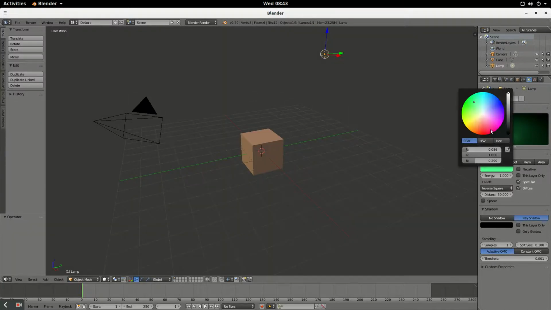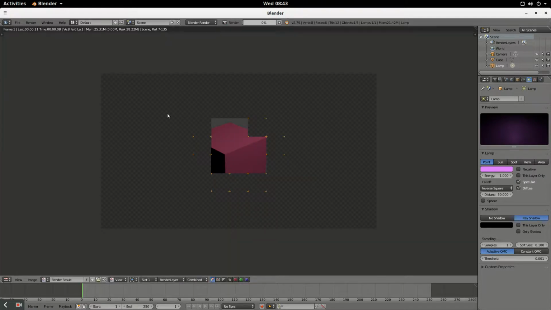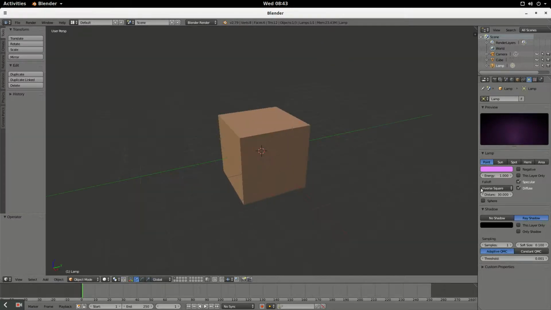Or if you change that to a, say, purple sort of tint, the color of the render is going to change. So it's not just about the color of this material, the color of the light also plays a role. If you have a white light source, then the objects will show their natural color. But if you have a different color, then everything will look different.